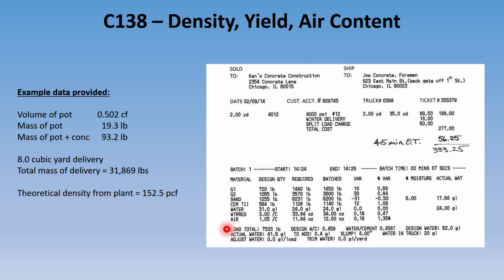And what you can do is use the information on this ticket to determine if you're getting the relative amount of material that you're paying for. If you're paying for 4 yards of concrete, are you actually getting 4 yards of concrete? And you do this based on the density determinations from your pot measurements.